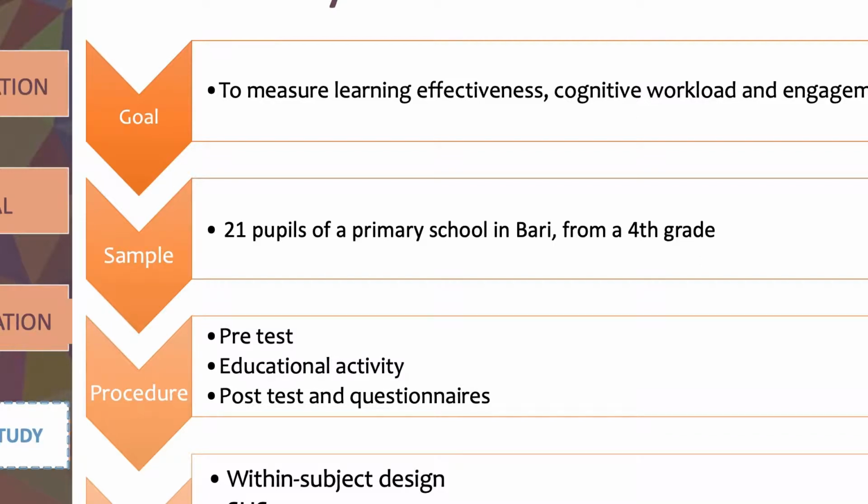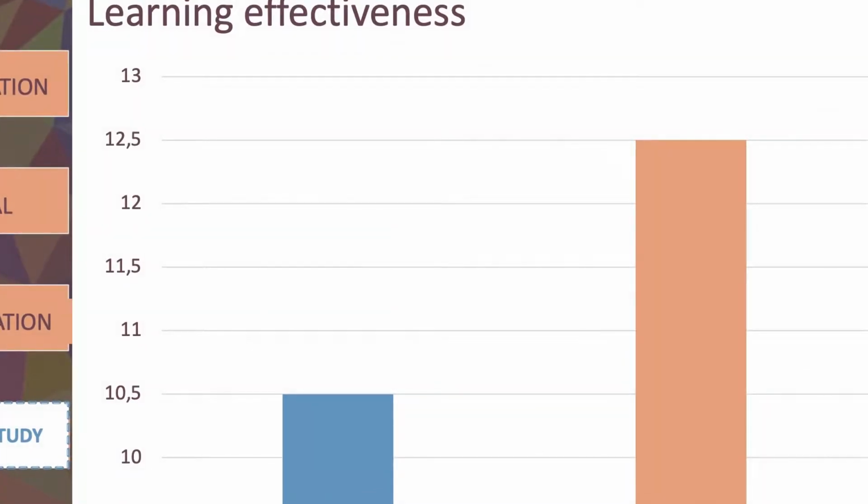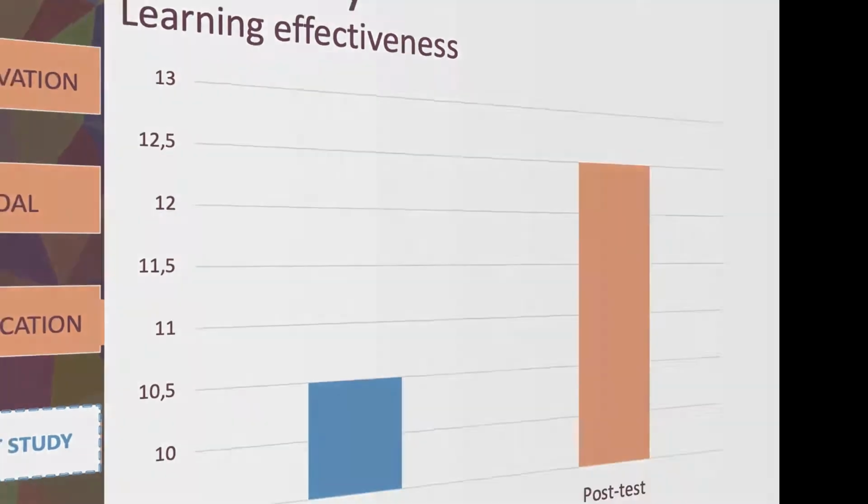The questionnaires that we used were the system usability scale, the NASA TLX questionnaire, and the user engagement scale. Concerning the learning effectiveness, as you can see in this graph, we registered a higher post-test score. This was the average score in the post-test of the pupils.